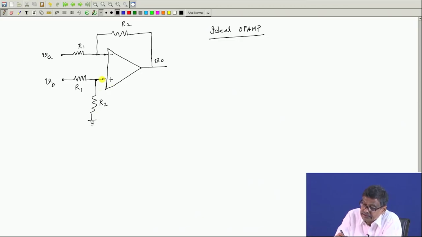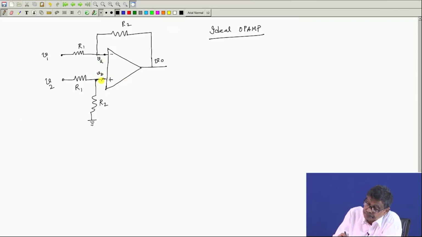So I cannot say this is at 0 volt, this is at 0 volt. So what do I have to do? Let me put it so that in this context let this signal be V1, this signal be V2, and these are the input signals to the op amp, VA and VB. That is what we are doing.